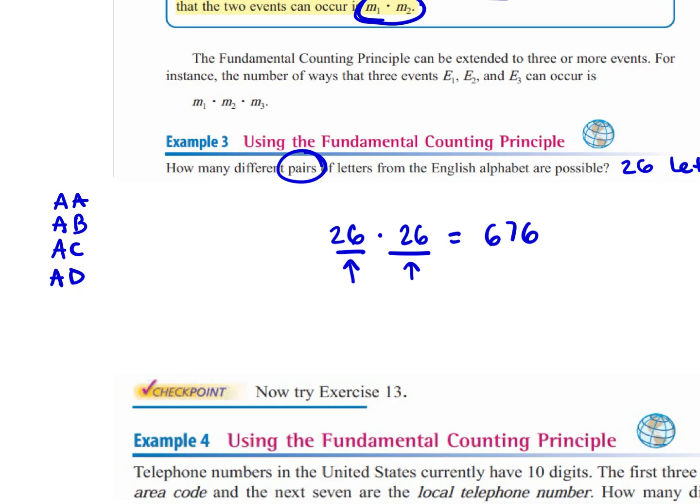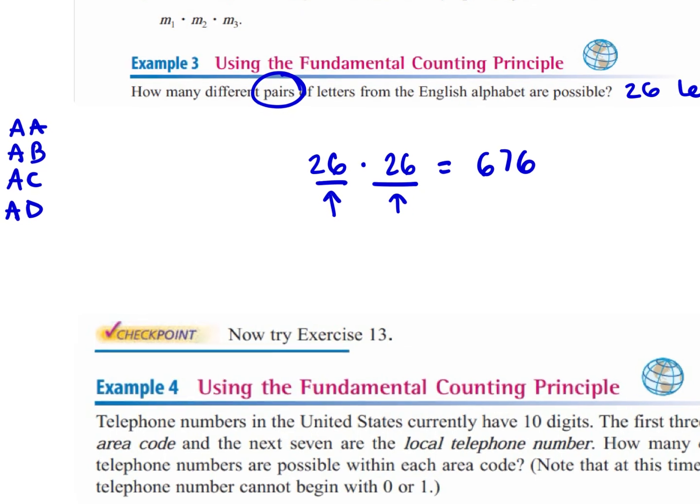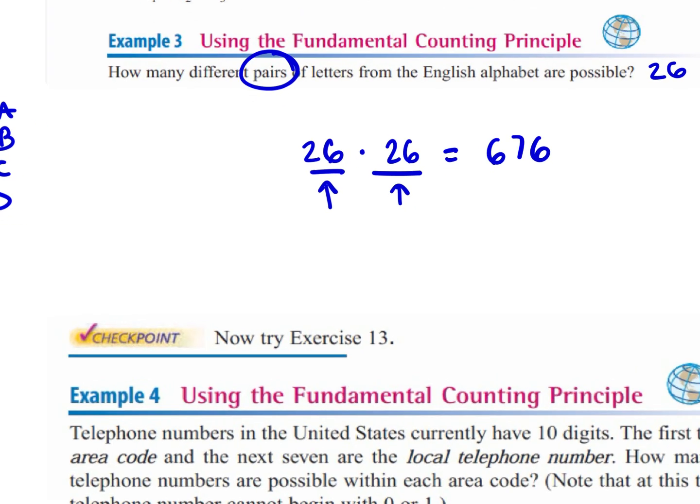Now, the wording with these questions is super, super important. With this whole section, you got to pay attention to the wording of the question. Lots of word problems we're going to be doing, so read the question carefully. If this question said that the letters cannot repeat, so if there was no repeating, how many different letters could I put in that first spot?